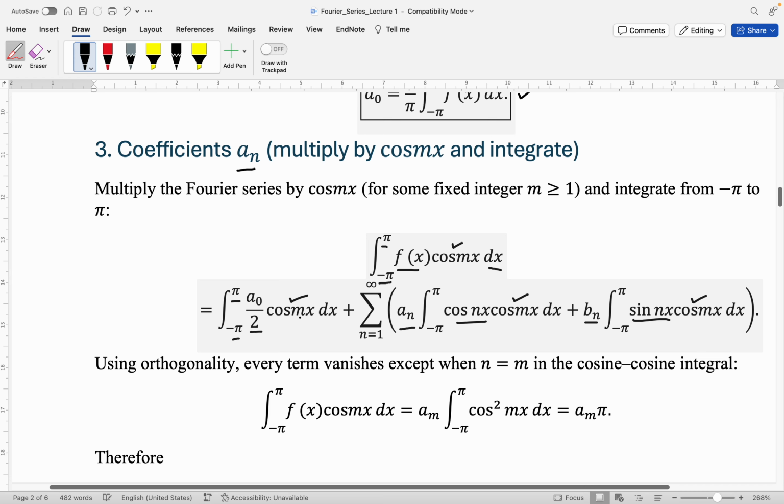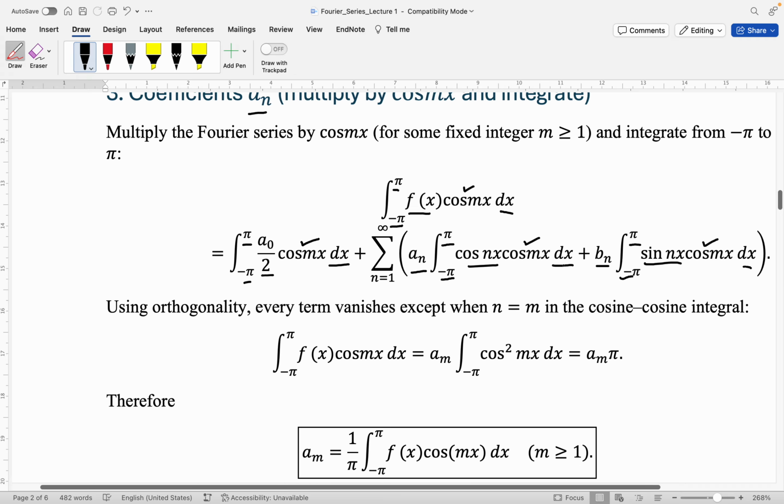So it is the same thing, but we are adding one more step: multiplying both sides by cos mx.